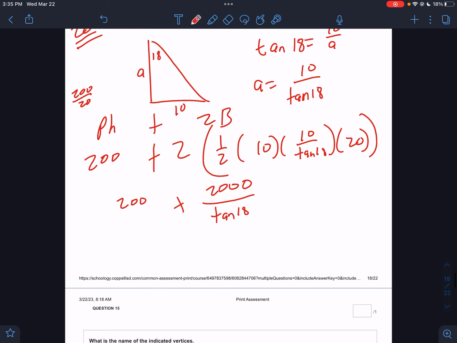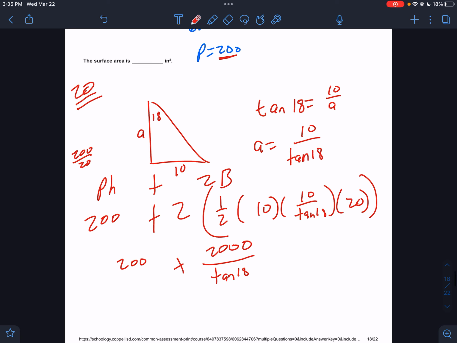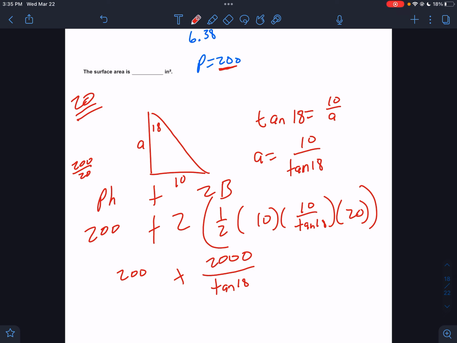And I got the wrong answer, so I did something wrong. Tan 18. Let me look, because I know what the answer is supposed to be, and that's not what I got. Half of 2 would be 1. 10 times 20. Is that 2,000?